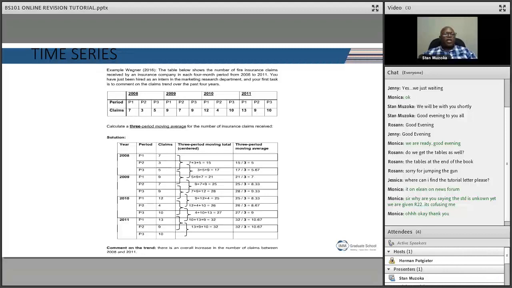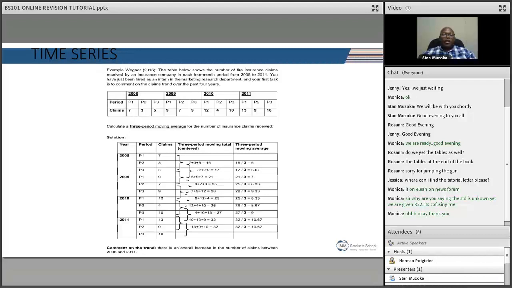The last concept is forecasting using your time series. When we talk about a time series, we determine that a time series is affected by cycles, seasonality, and irregular activities.